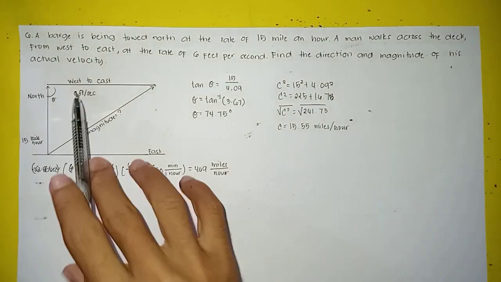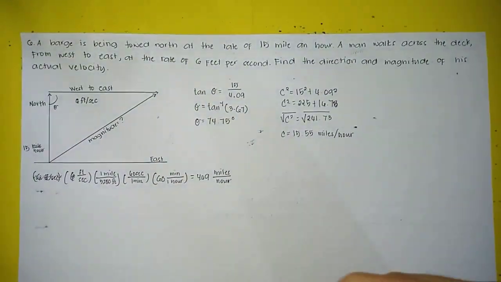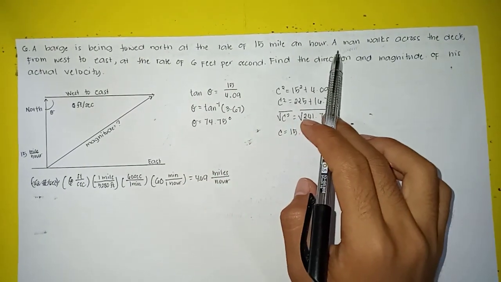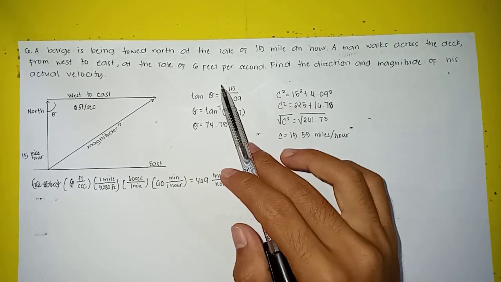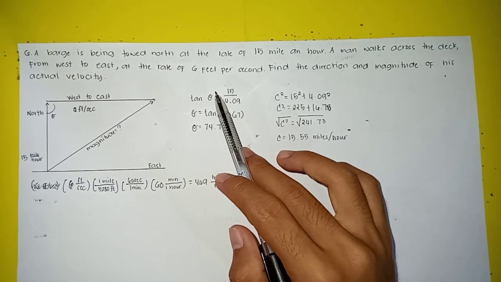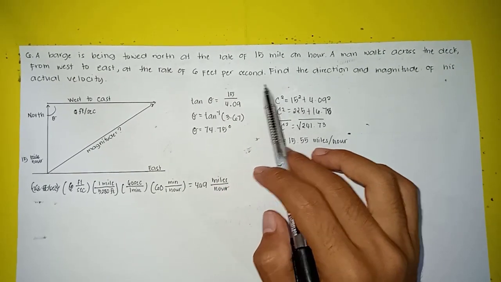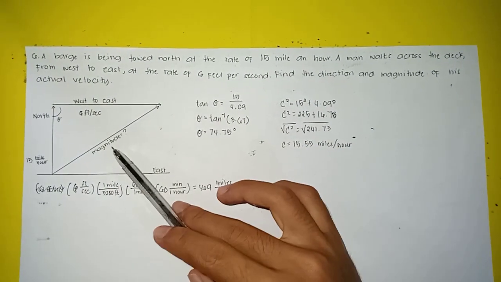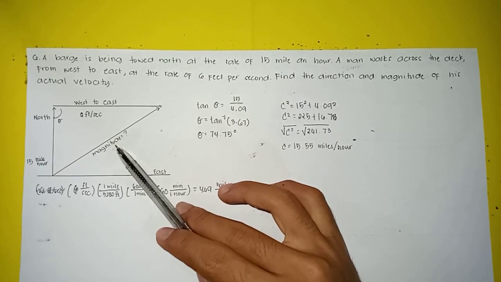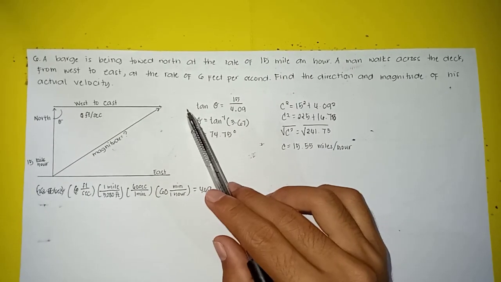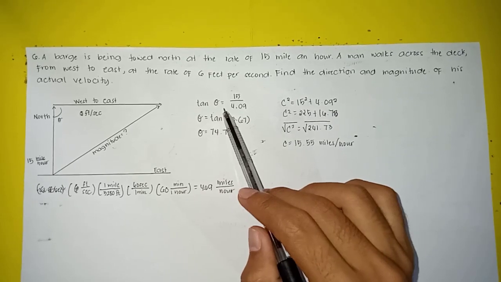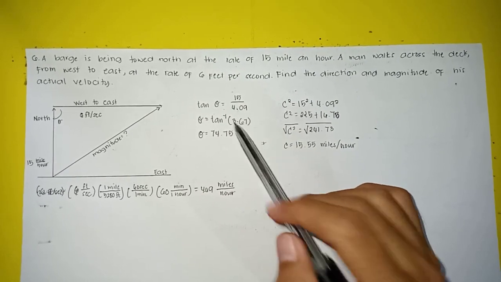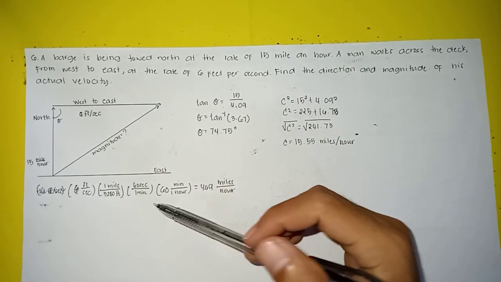Question number 6. A barge is being towed north at the rate of 15 miles an hour. A man walks across the deck from west to east at the rate of 6 feet per second. Find the direction and magnitude of his actual velocity. So magnitude is what we are finding. So tan theta equals 15 over 4.09 mile an hour.